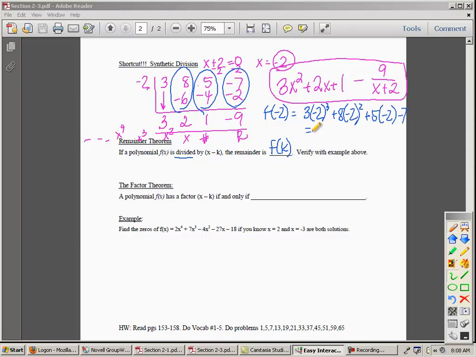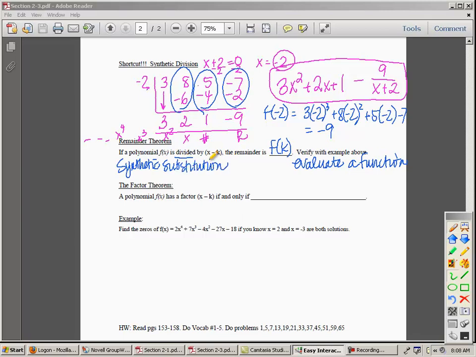Guess what, guys? I get negative 9. And so the synthetic division, when you're actually trying to evaluate a function, we call it synthetic substitution, but basically it's the same thing, and your Algebra 2 book called it the synthetic substitution.